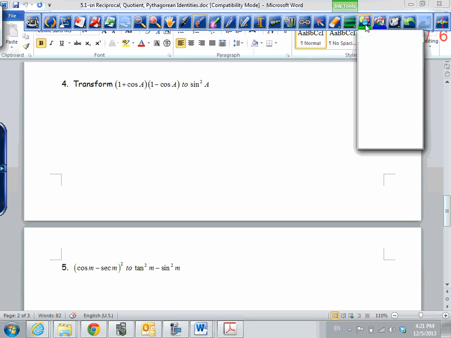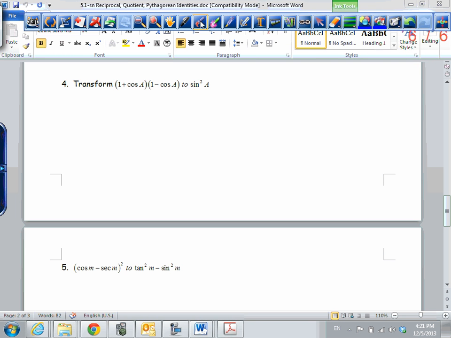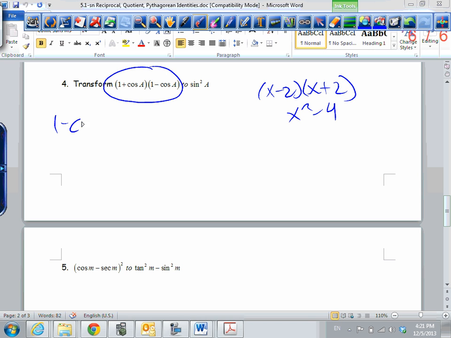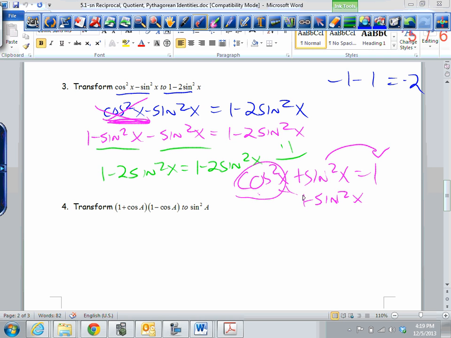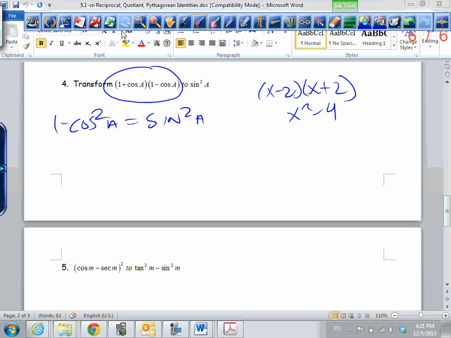This one's pretty easy, I think. Multiply this. Well, when you got x minus 2, x plus 2, it's a difference of perfect squares. You get x squared minus 4. Same idea. We're going to get 1 minus cosine squared of a is equal to sine squared of a. Anytime we got that whole squared business, we should be seeing that. Well, remember, if I go back a second, cosine squared is 1 minus sine squared x.